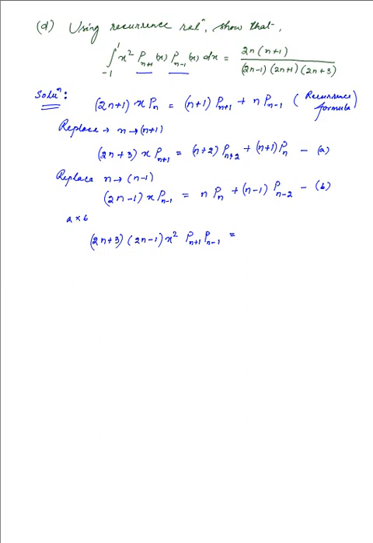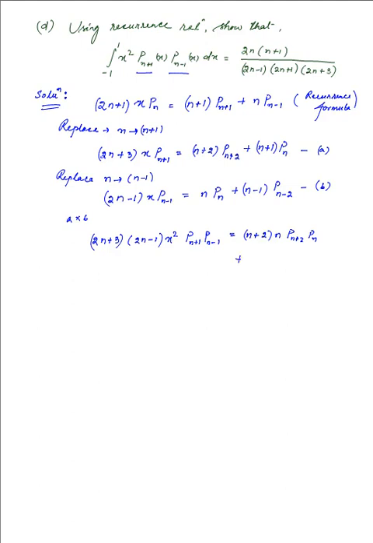Firstly, n plus 2 multiplied with n, Pn plus 2 Pn. So this is the first terms of both the equations. Now the first term of the first equation, second term of the second.